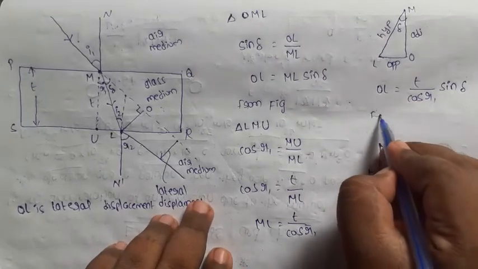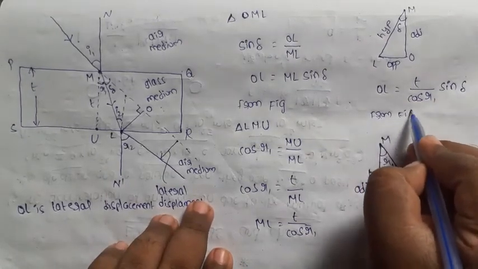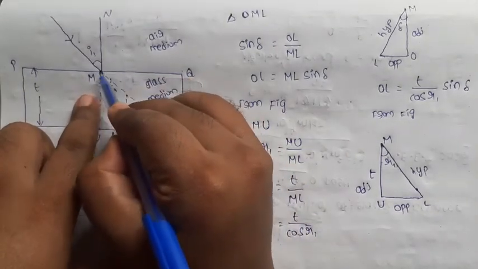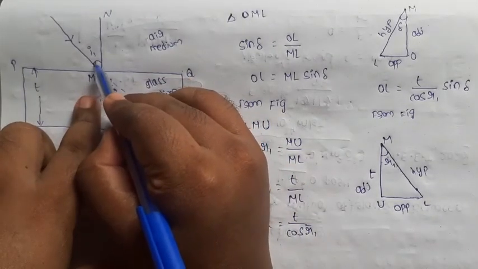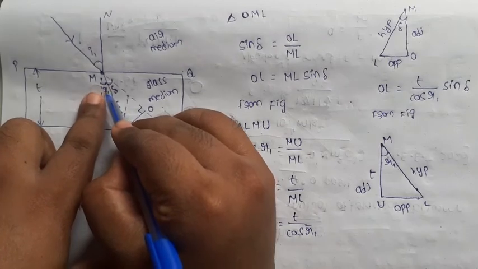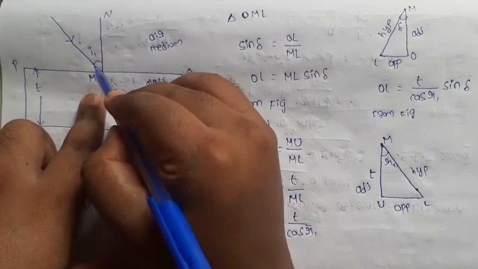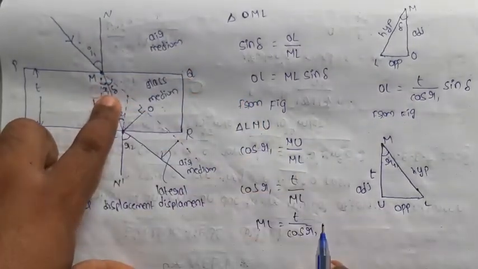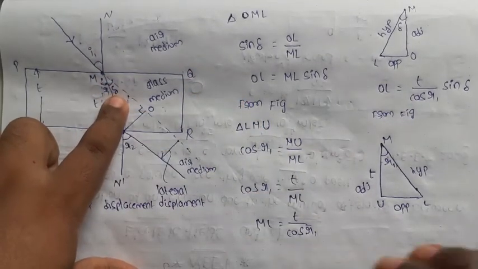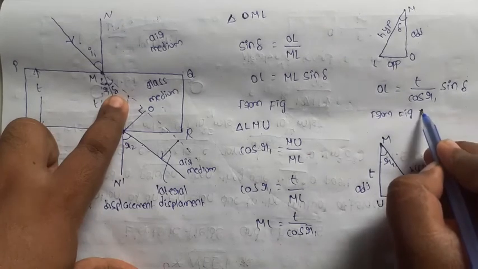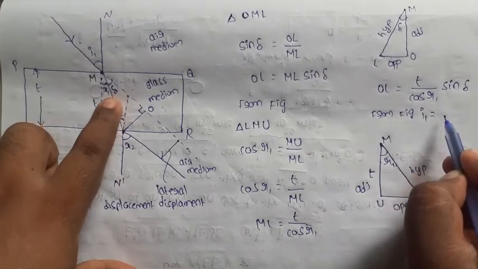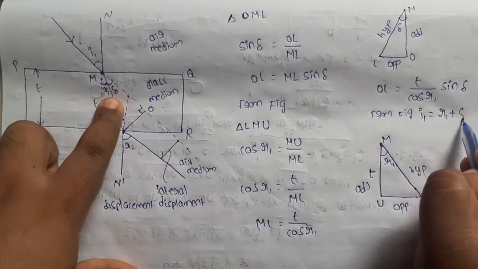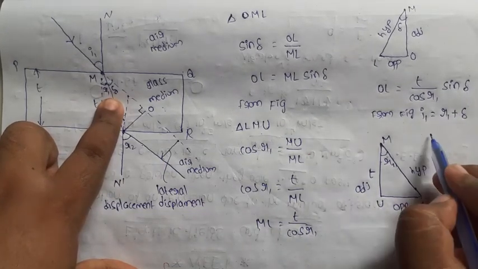From the figure, this is the angle I1. This is the total angle, which is equal to R1 plus delta. So from the diagram, angle I1 equals angle R1 plus delta. I want the delta value.